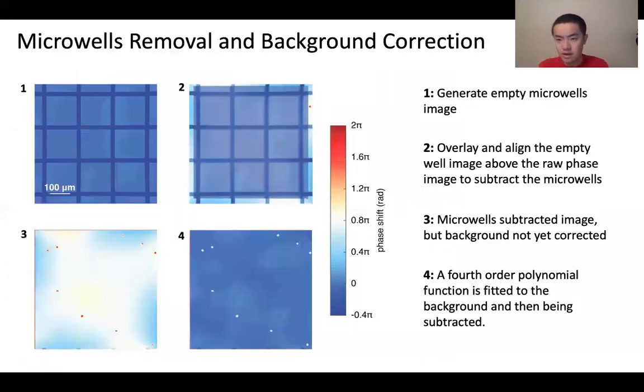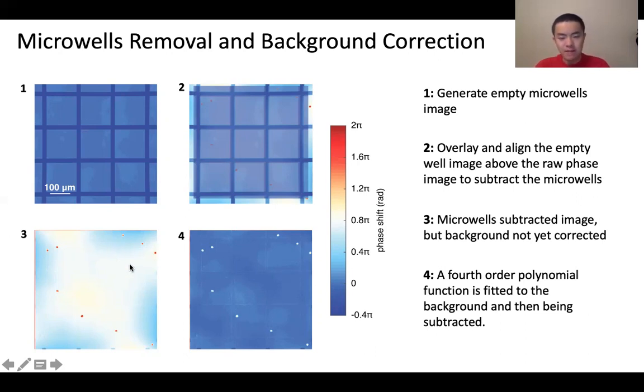Here's how we do the image processing. We first generate an empty microwell image from the first frame of each location. We take an average of these frames, which gives us a perfect image of empty microwells. Next, we overlay our empty microwells on each image we took, and we subtract away the microwells, which leaves us with cells and the uneven background.